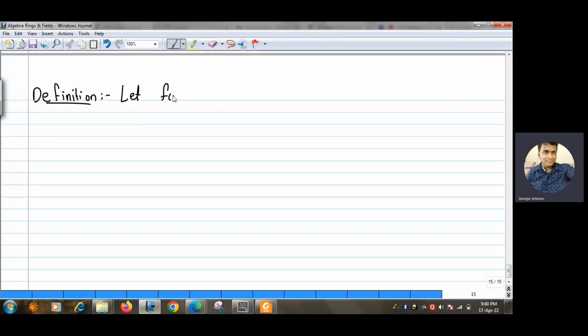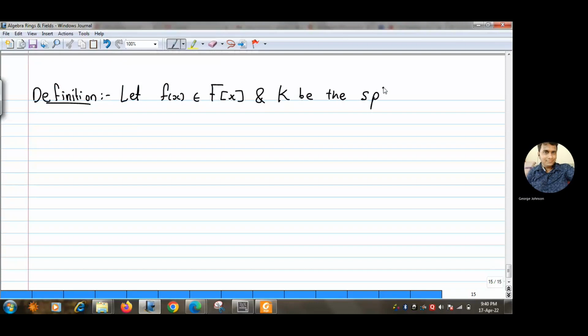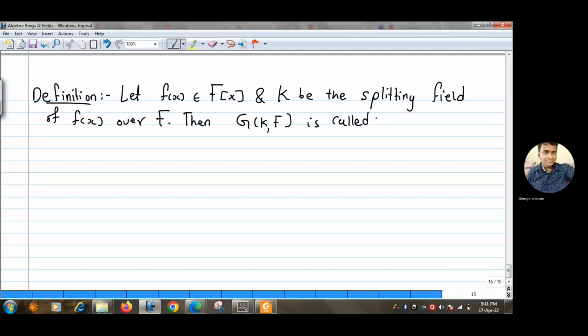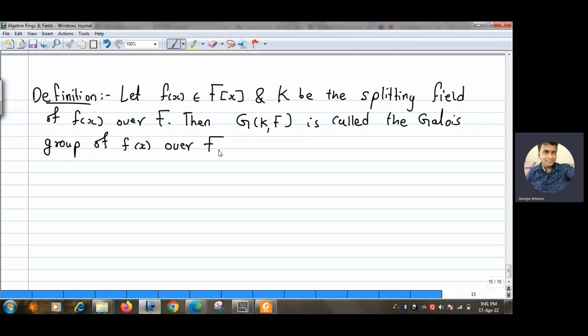Let f(x) be a polynomial in F[x] and K be the splitting field of f(x) over F. Then this G(K/F) is called the Galois group, or some people also call this the Galois group, of f(x) over F.